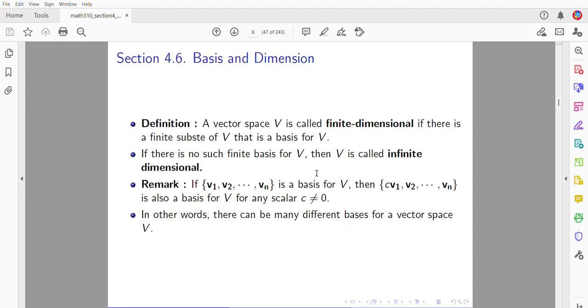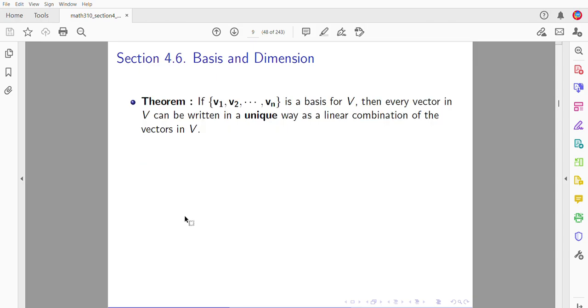If you find one basis, multiply any one of the vectors by a non-zero scalar. Actually, you could multiply any of the vectors with any non-zero scalars. Whatever you get will continue to be a basis. In other words, you have many different bases for a vector space V. We'll continue with this theorem in our next video.